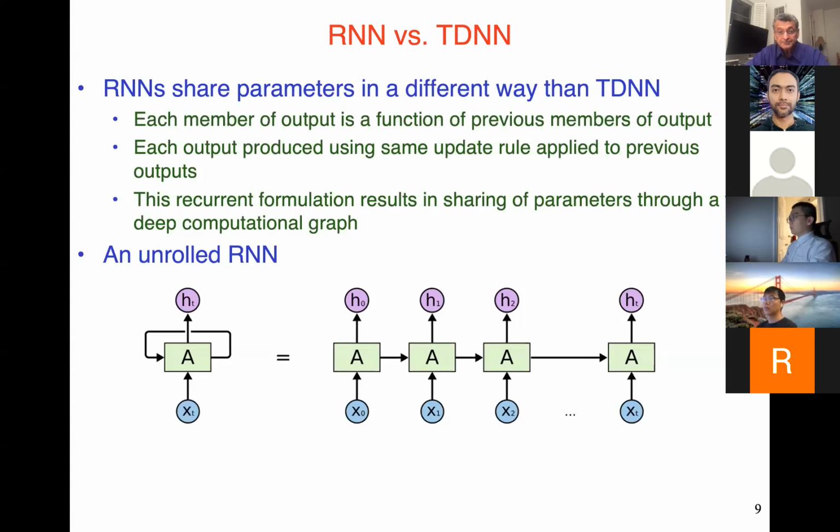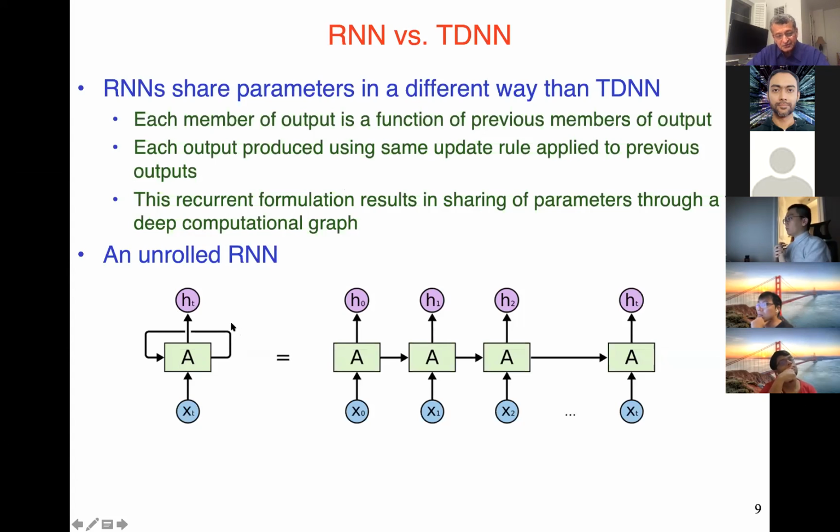That's an important point, that whatever set of weights were used here for x and the previous value, that is again being used eventually in the feed forward network. This is the formulation. And the recurrent formulation results in sharing of parameters through a deep computational graph.